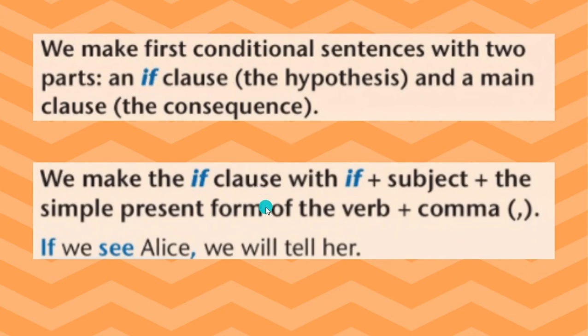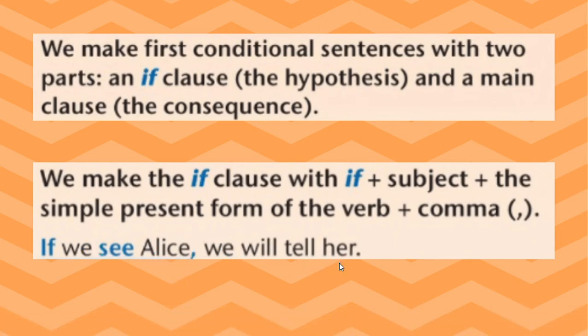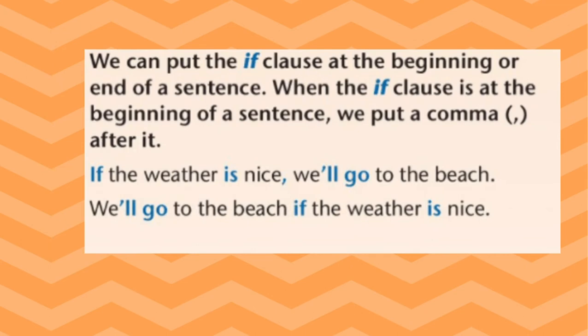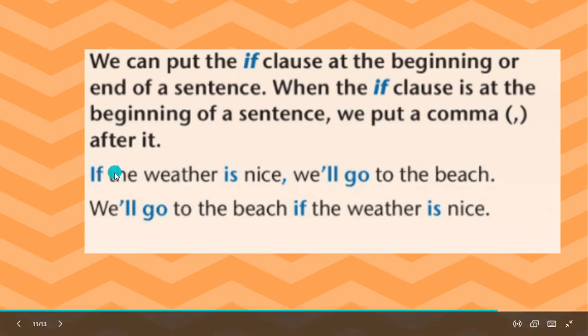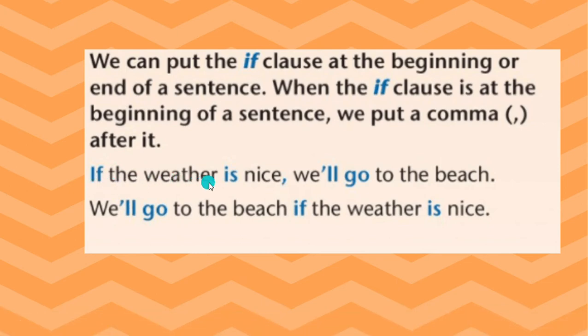Always we have to include a comma here. Right? For example, we have if we see Alice, comma, we will tell her. Okay? So, remember, we have two parts: the part composed by if the weather is nice, and then the main clause that goes with will, right?